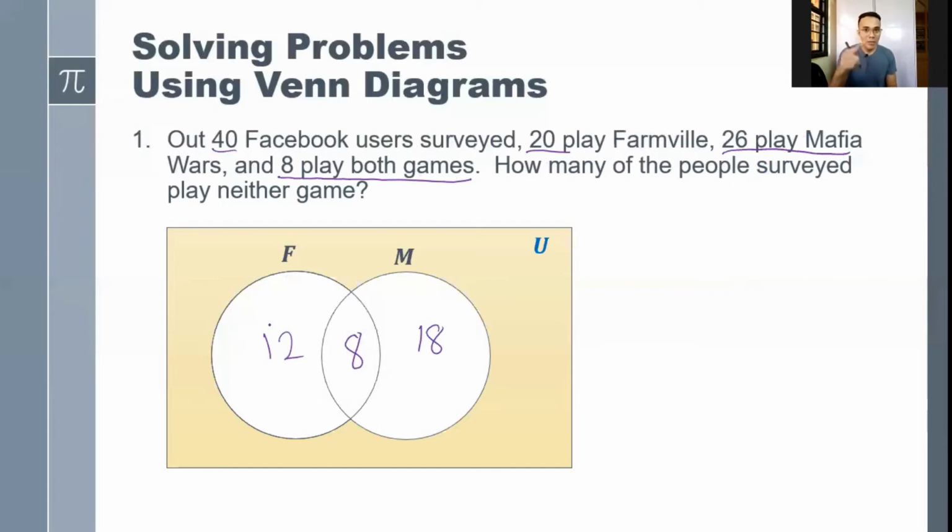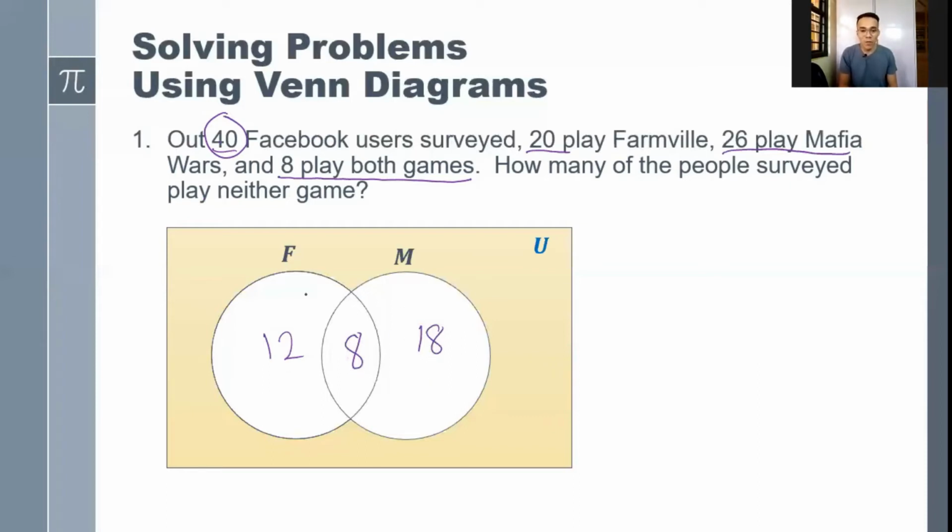And you have to keep in mind that the totality of everything is 40. So we have to get the sum of 12, 8, and 18, and we're going to write the remaining number outside. Okay? The remaining number that would complete the 40. So we have 12 plus 8 is 20, plus 18, it's 38.